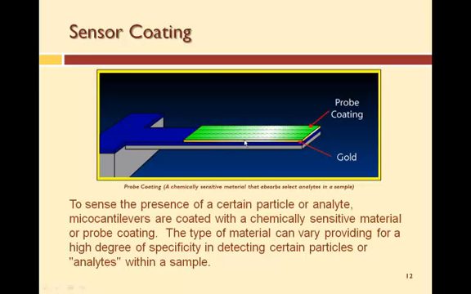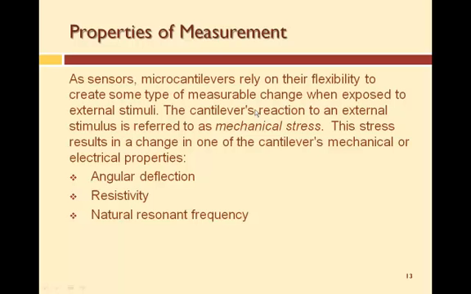So you have to be careful to design it so your probe coating only sticks to a certain part of your sensor, and then you can sense different things. So you might look for certain types of particles, or you may look for certain types of chemicals or analytes, right? And you do that by designing the coating accordingly.